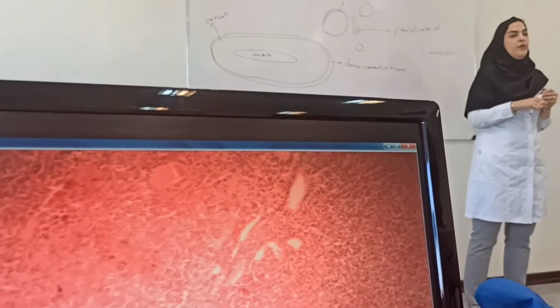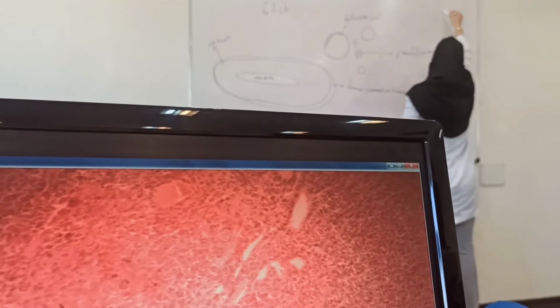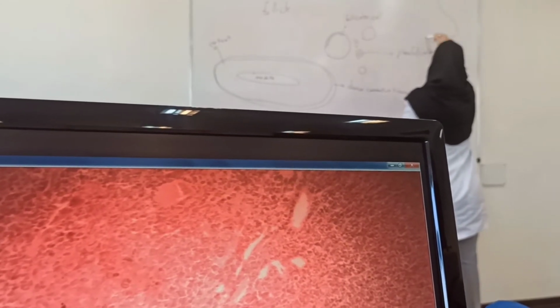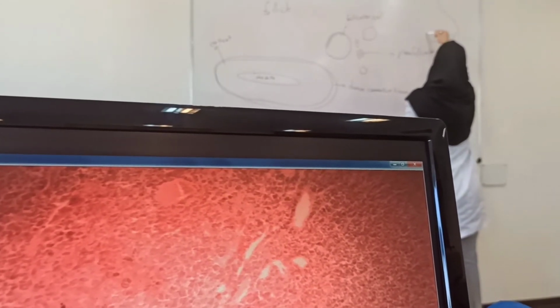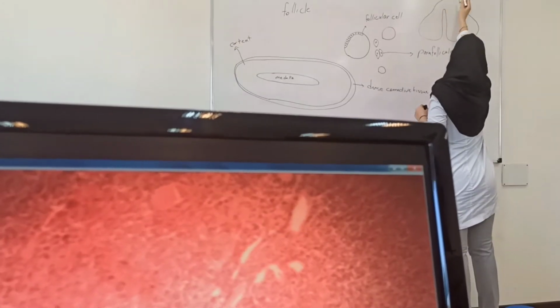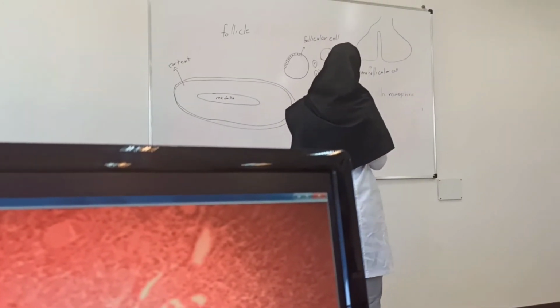The pituitary has two different parts which are differentiated from different parts of the body in the embryonic time. This part is the adenohypophysis and this part is the neurohypophysis.